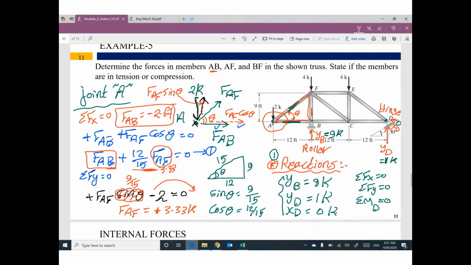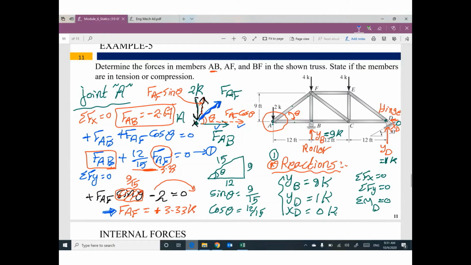I would like to adjust my calculations and my directions I assumed before continuing. So please adjust yourself. FAF is positive. What does it mean? FAF is positive means your assumption is correct. I assumed the correct direction, which is tension.